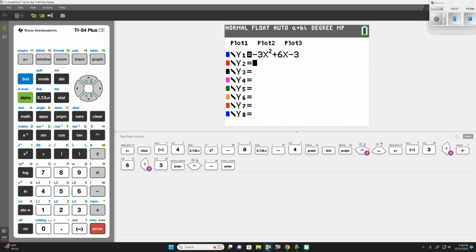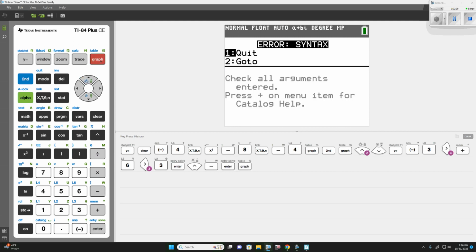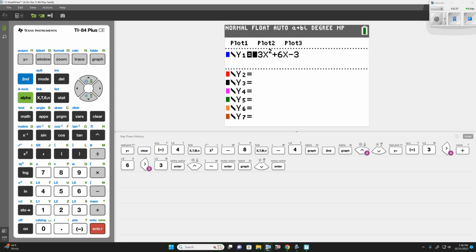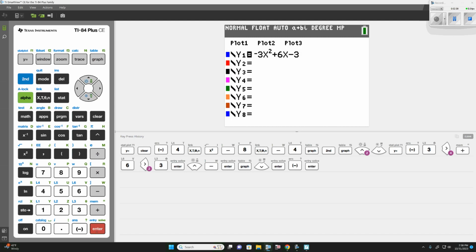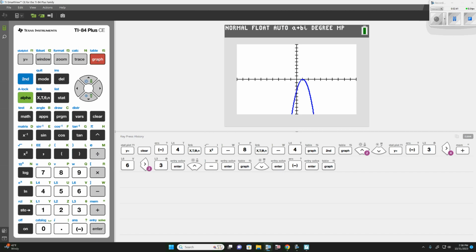If I do minus 3x squared, it says it's fine, but when I say graph, it's going to say syntax error. If you tell it to go to, it's going to say that minus needs to be changed to a negative. Because if you put a minus there, it's looking for something in front of it to subtract it from. But since there's nothing in front of the x squared, or in front of the 3, it has an error.